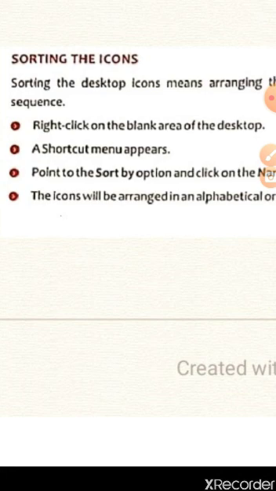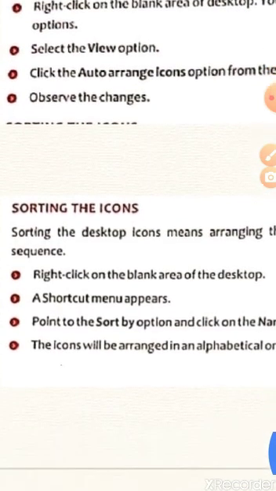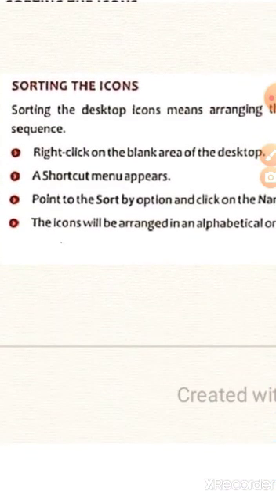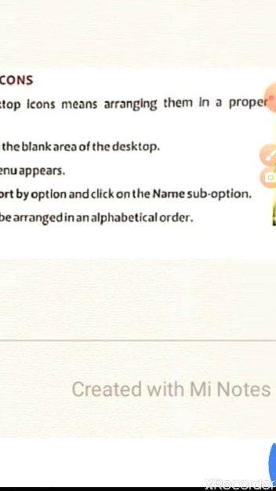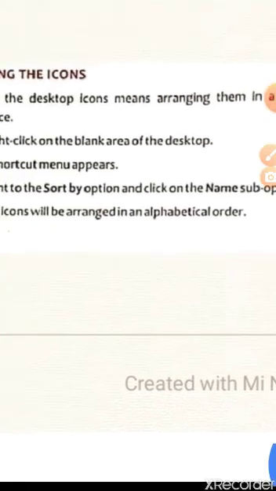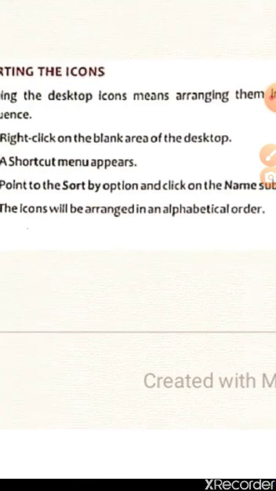Right click on the blank area of the desktop, like the way you did for arranging the desktop icons. Then a shortcut menu appears. Point to the sort by option and click on the name sub option. Name means it will arrange it according to the alphabetical order.